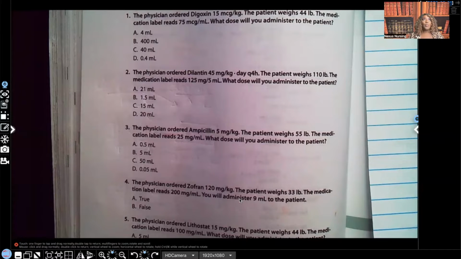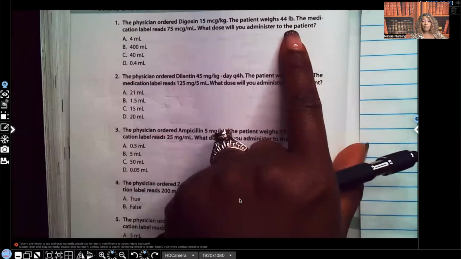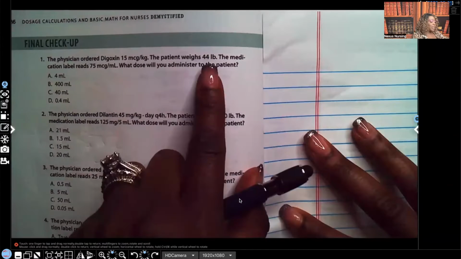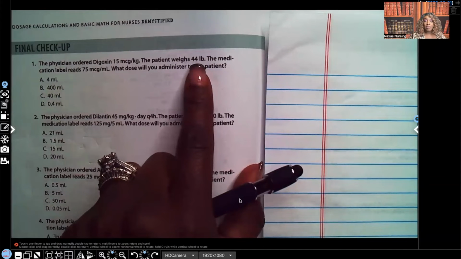Whenever we get a math question that's whatever per kilogram, we always have to convert our pounds to kilograms. That is the first thing you want to do so you don't get confused. Our patient weighs 44 pounds. We need to convert that into kilograms.